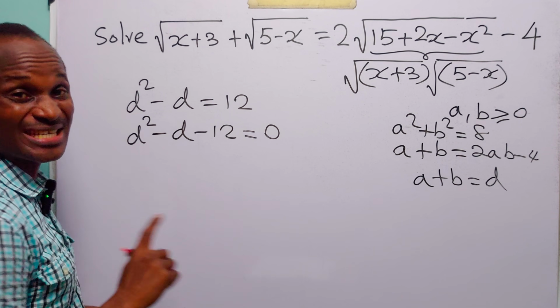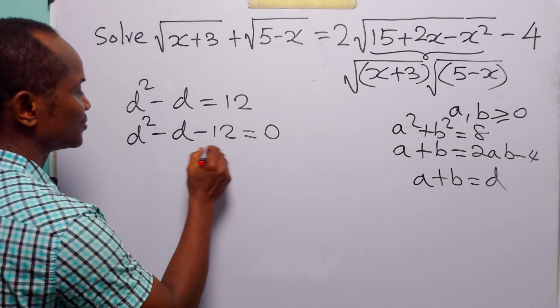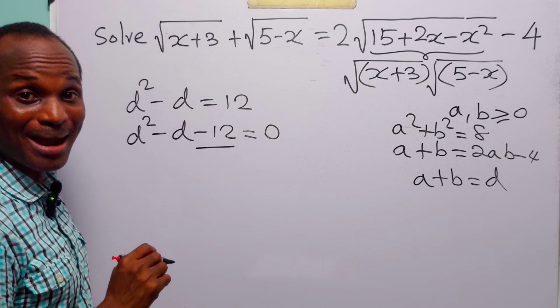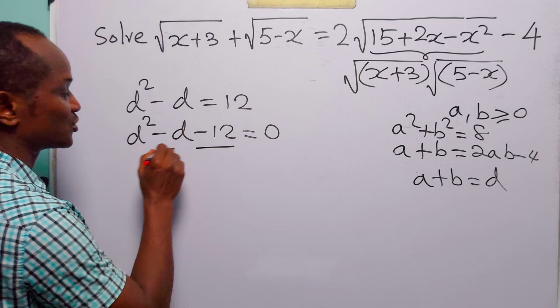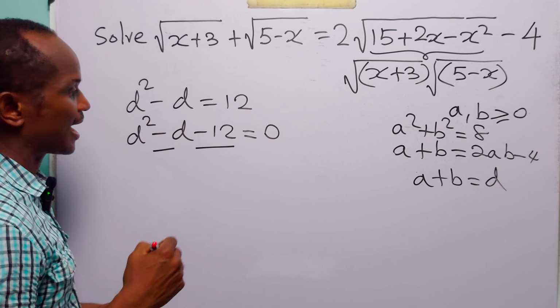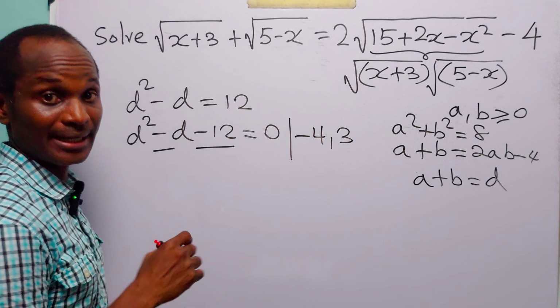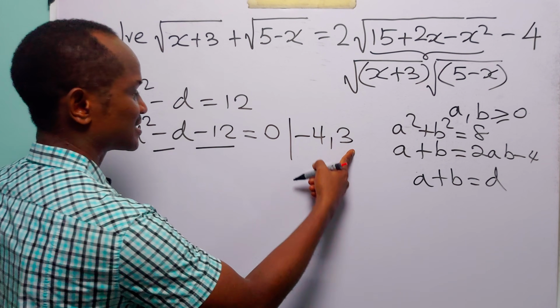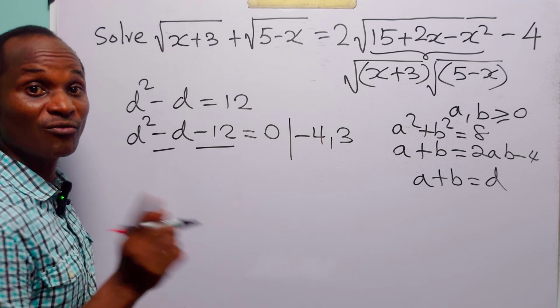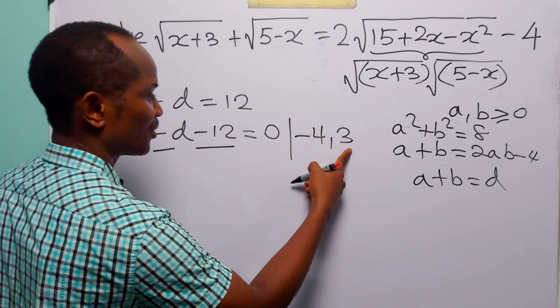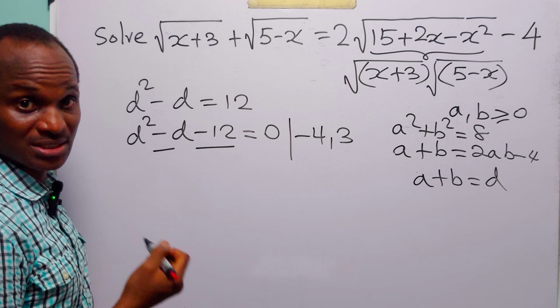Since the coefficient of d squared is 1, all we need to do is to find the factors of minus 12 that add up to minus 1. And of course, those are going to be minus 4 and 3, because minus 4 times 3 is going to give us minus 12, while minus 4 plus 3 is going to give us minus 1.